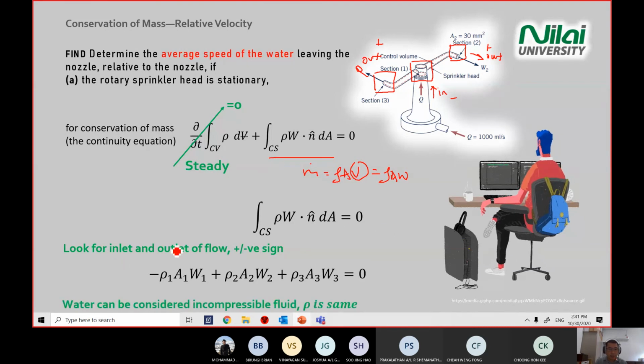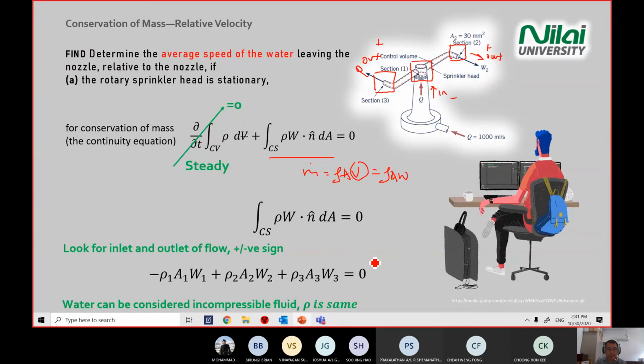Okay, so water in this case we consider as an incompressible flow. So in your answer there, you can write your assumption: assume your water is incompressible.